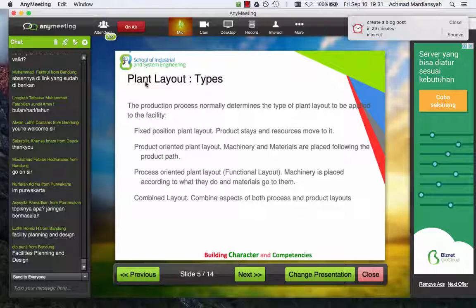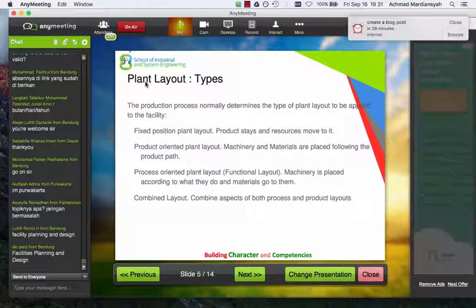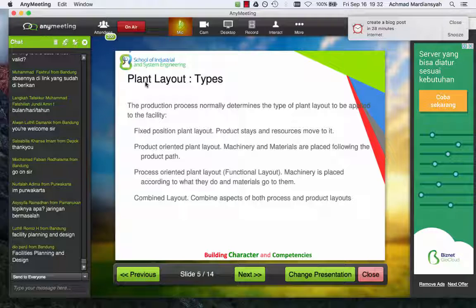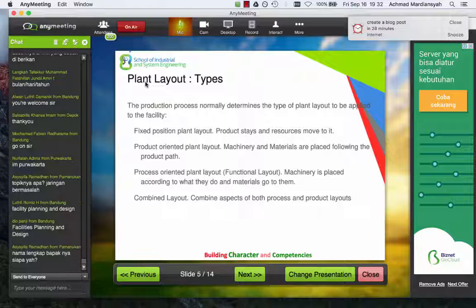For the plant layout types, the production process can normally determine them. The first type is fixed position plant layout. The layout has already been fixed: the product stays and resources move on it.